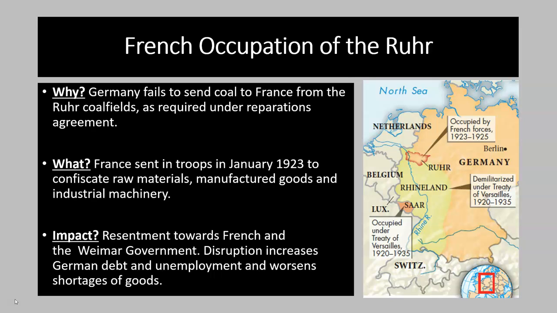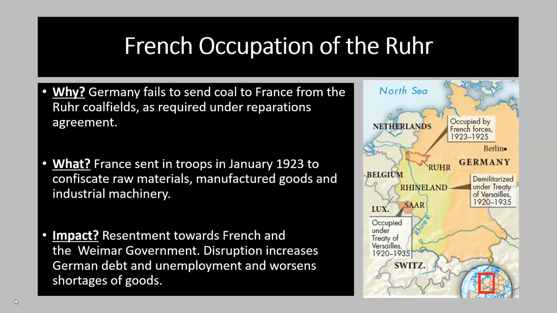So as you can imagine, there was huge anger and resentment towards the French for this occupation, and in fact there were some attacks carried out on the French workers. But the Weimar government was also hated for the occupation as well. Although there was nothing they could realistically do, it did still make them look weak.